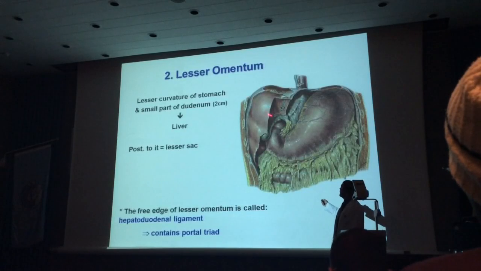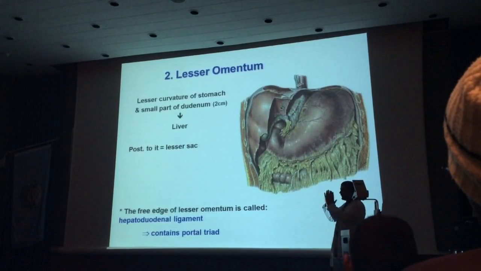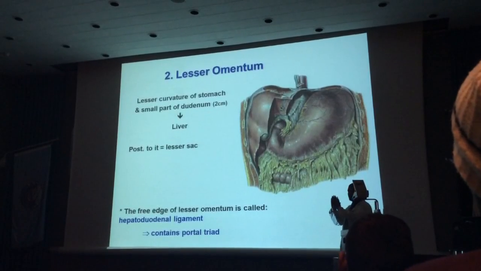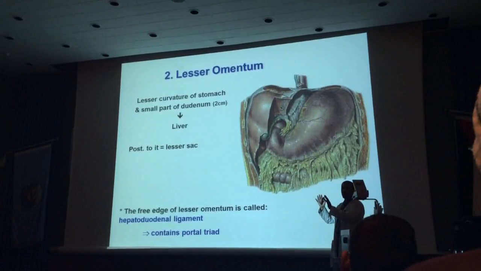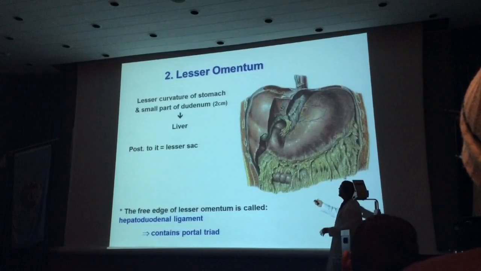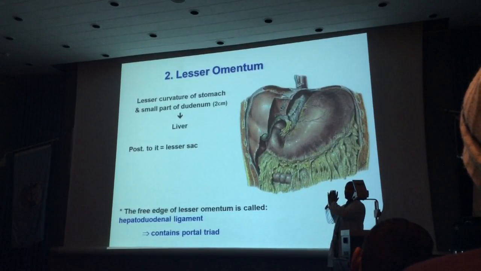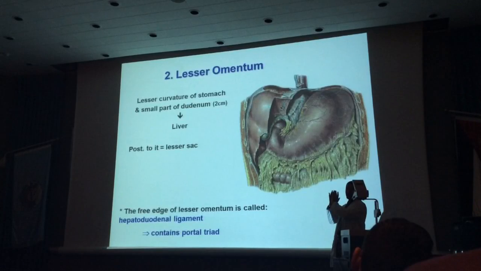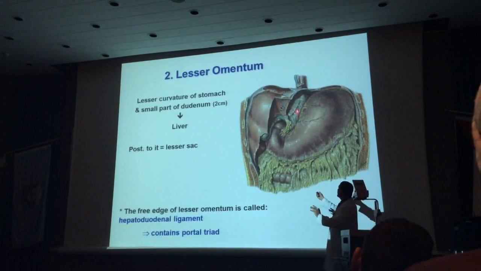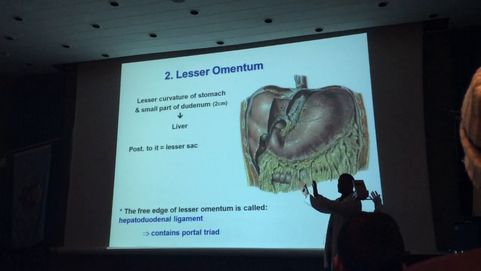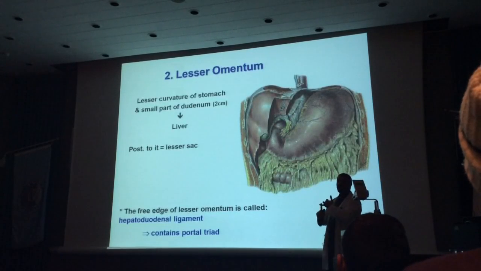So now if we look at the lesser omentum, this part of peritoneum between the stomach and the liver, as it's coming from the stomach towards the liver, it's omentum, lesser omentum. However, if you look at it as it's coming from above, from the liver towards the stomach, it will be a ligament. Okay? Now, the lesser omentum itself can have 2 names. If it is coming from the liver to the stomach, we would call it a ligament.